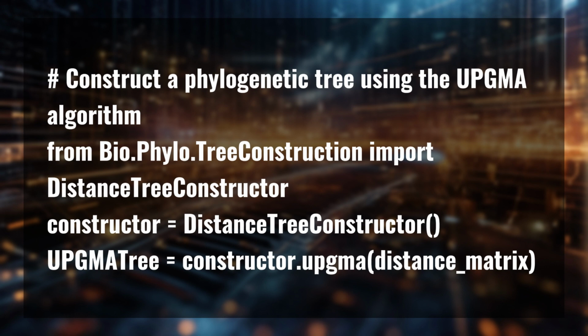After this we are saying upgma_tree equals constructor.upgma(distance_matrix). This UPGMA is nothing but a tree algorithm, I'll tell you. From here we are creating this particular tree. This part of the code constructs a phylogenetic tree using UPGMA. I'll tell you the full form also: Unweighted Pair Group Method. Unweighted, it's not having any weights.